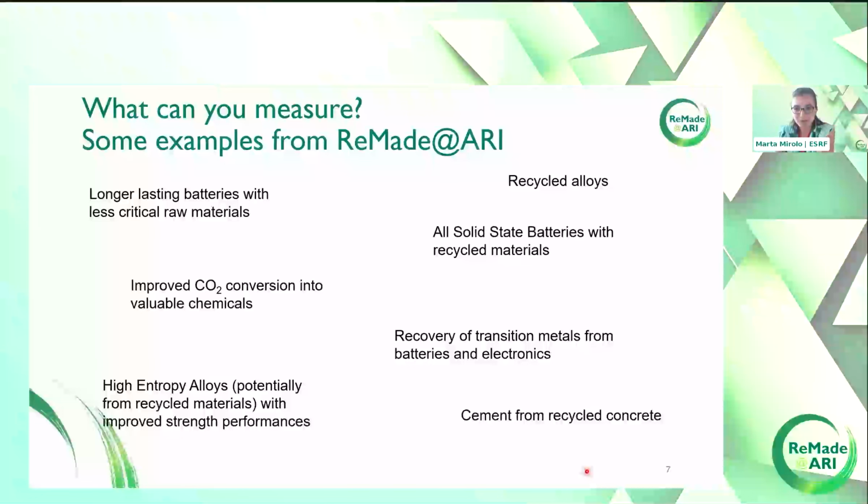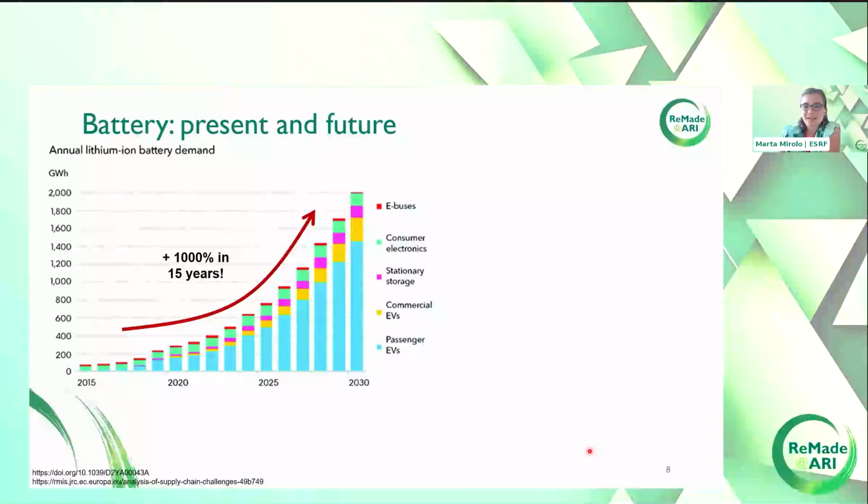I will just give a brief introduction of why we need batteries, because that's my topic, that's my background, so I like to talk about batteries. I think we all know why we need batteries. In the past 15 years, we saw an increase in demand for batteries of 1000%, which is a huge increase.